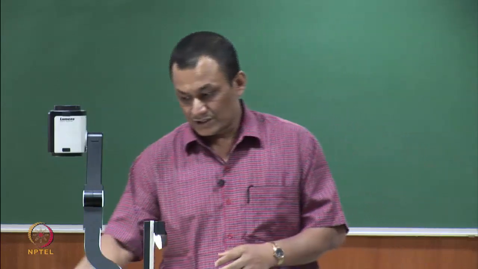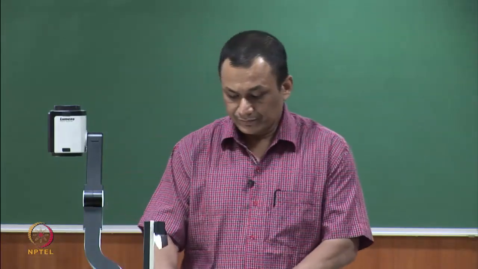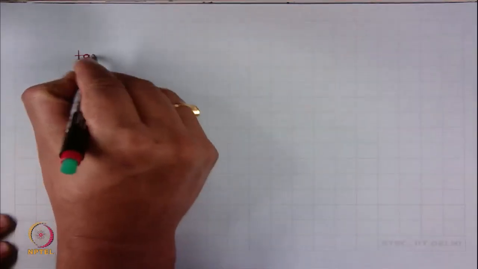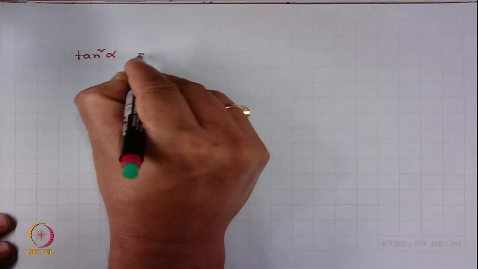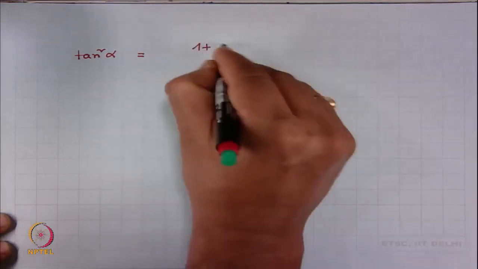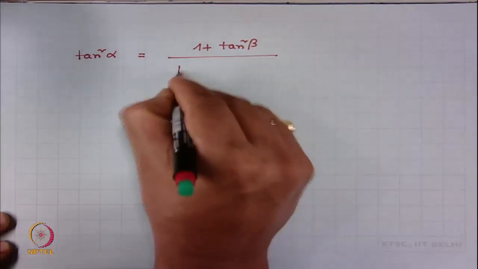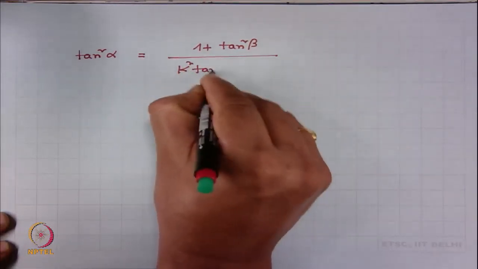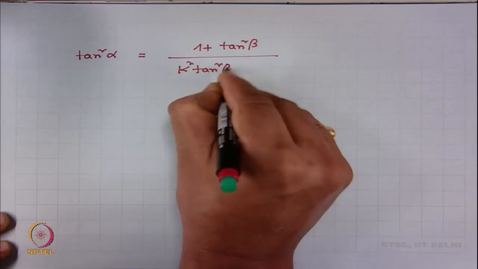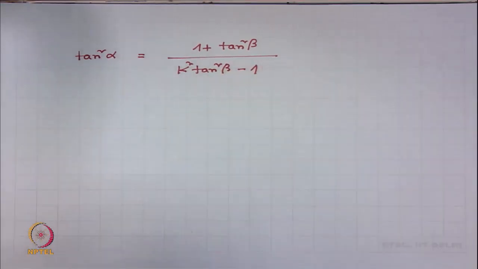It took this form: tan square alpha is 1 plus tan square beta, k square, tan square beta minus 1. This was the fundamental equation of ideal migration or fundamental equation of Taylor's model.